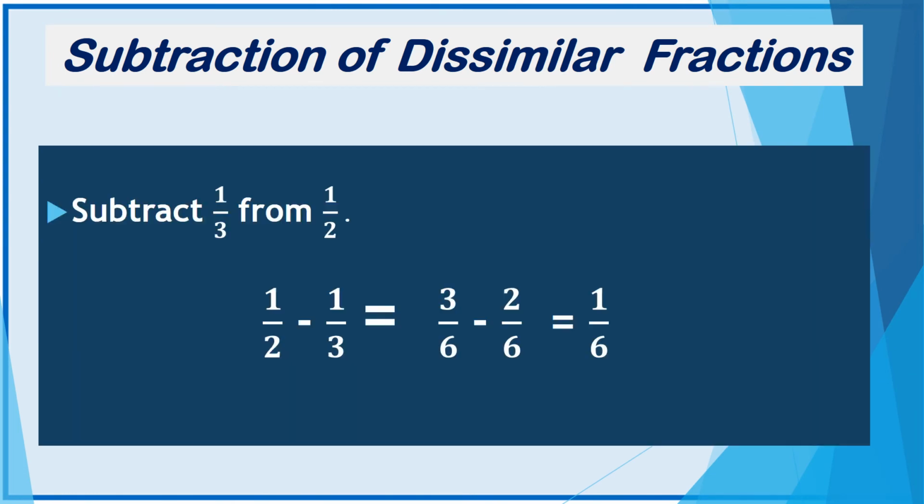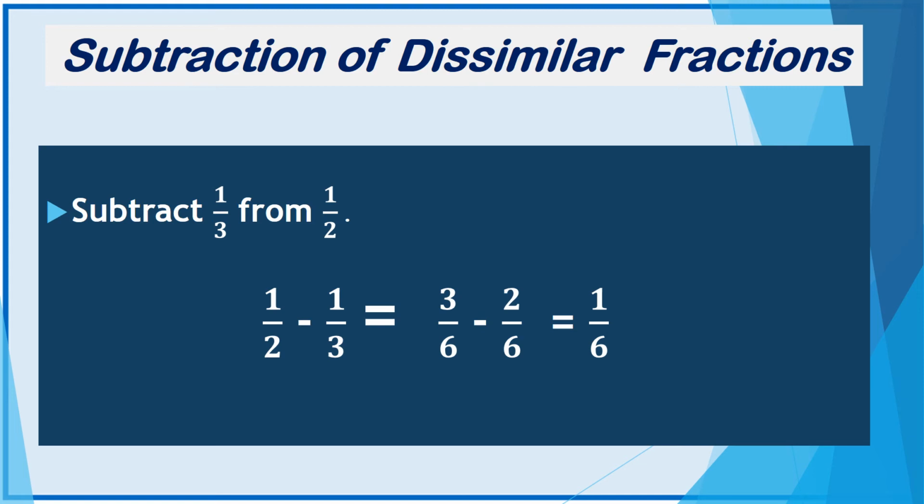Now let's subtract dissimilar fractions. Subtract 1/3 from 1/2. So 1/2 minus 1/3 equals, again, apply the same rule. Change them to similar fractions. Find the LCD. Just multiply 2 times 3 in this case.